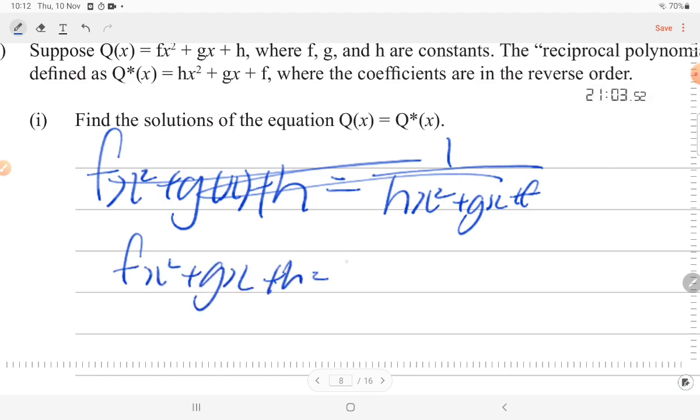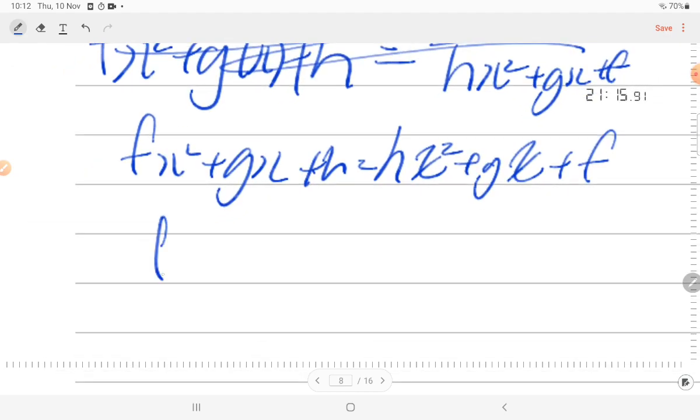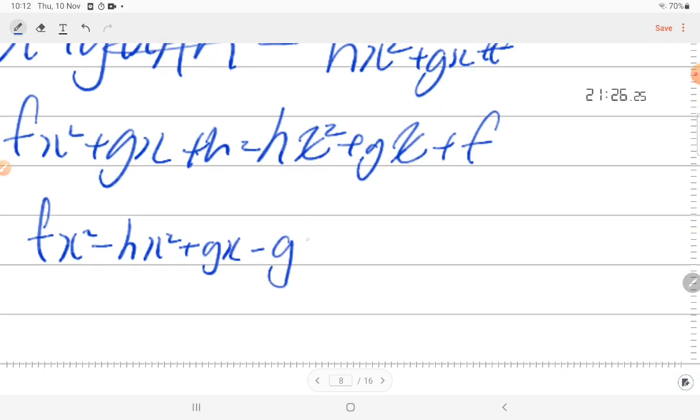h is equal to h squared plus g x plus f. Yeah, and then that's all we want. Oh, okay, this is take away h x squared plus g x take away g x plus h take away f is equal to 0.